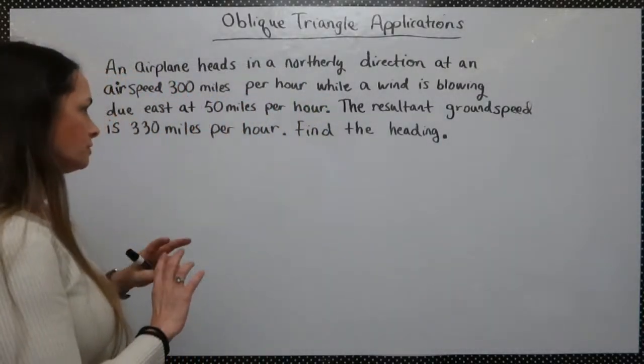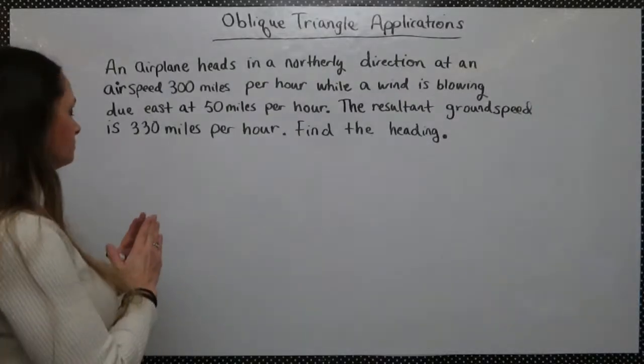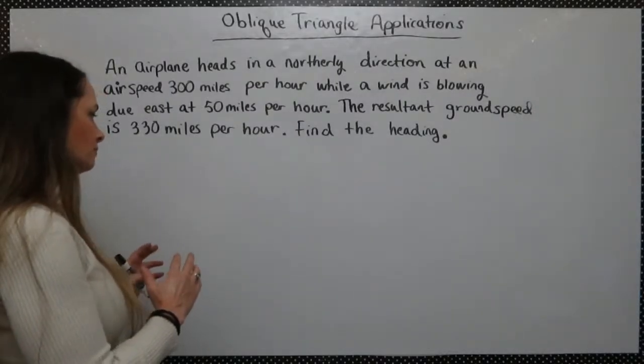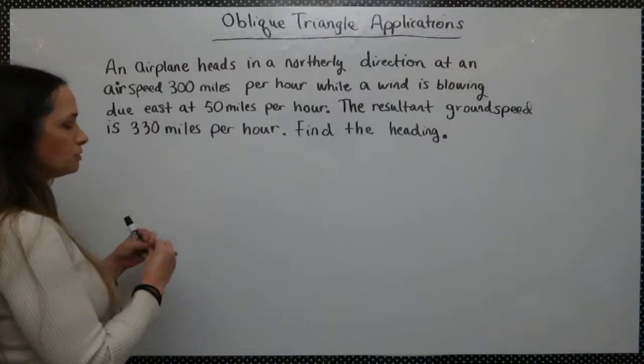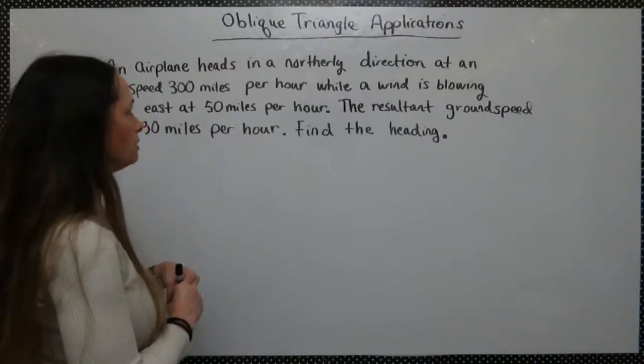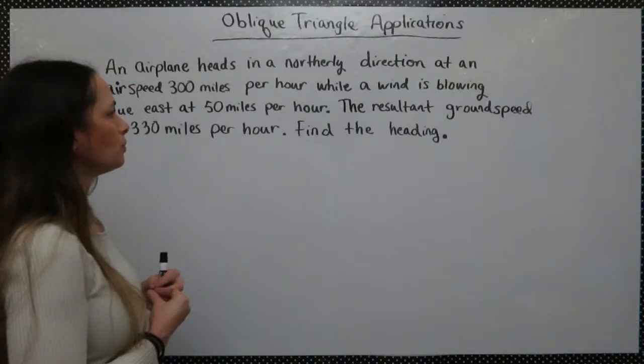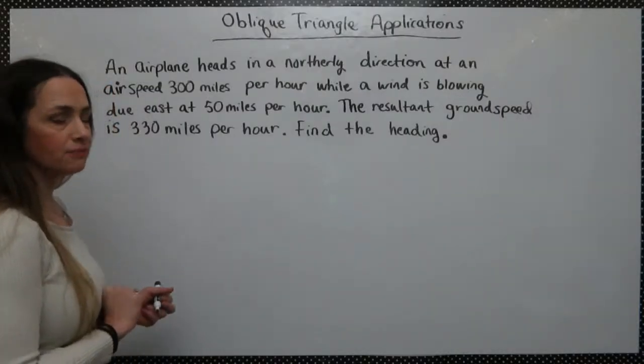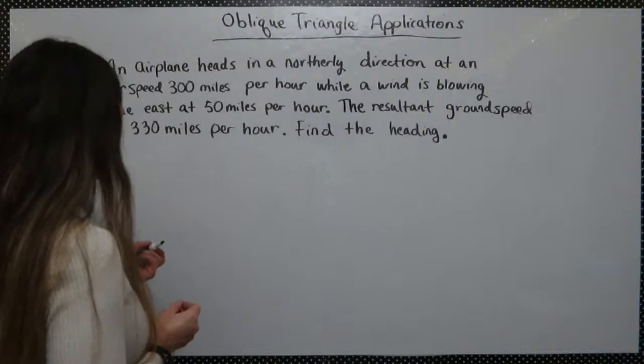So the ground speed is the resultant vector of when you add the two vectors together, essentially. So we're going to set up our diagram and factor in the wind speed. I'm going to go ahead and draw that out.